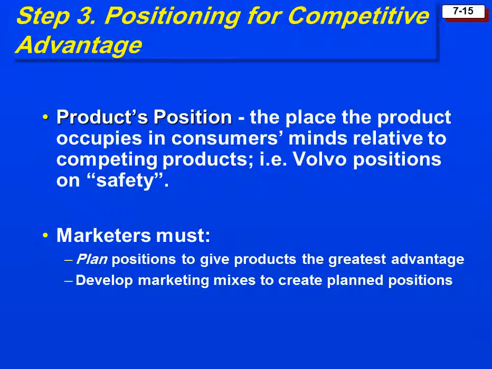For example, Volvo positions on safety. In positioning for competitive advantage, marketers must plan positions that give their products the greatest advantage and develop marketing mixes to create these positions.